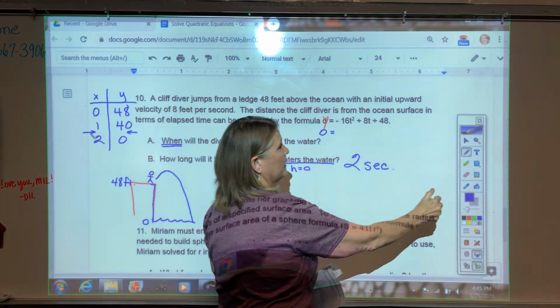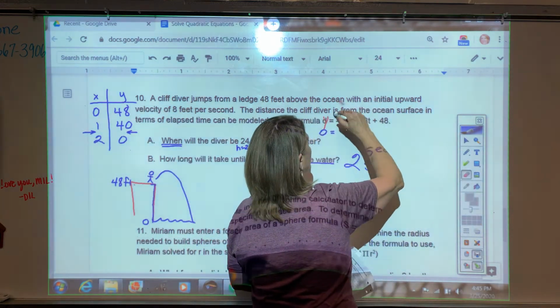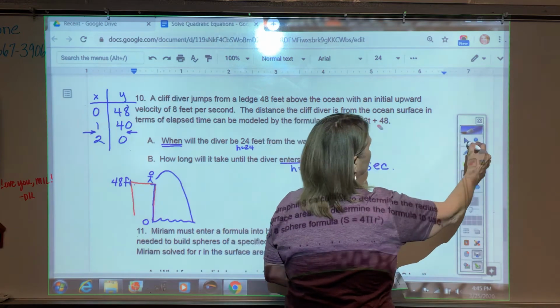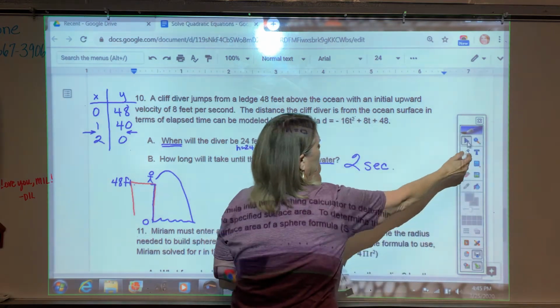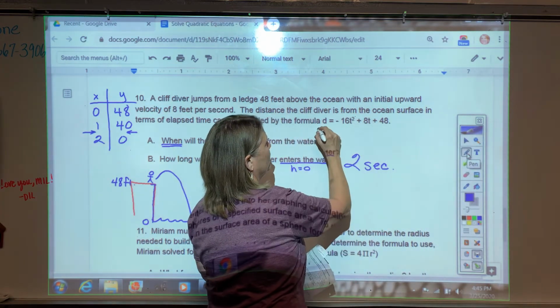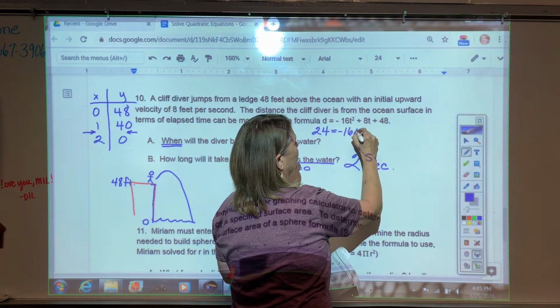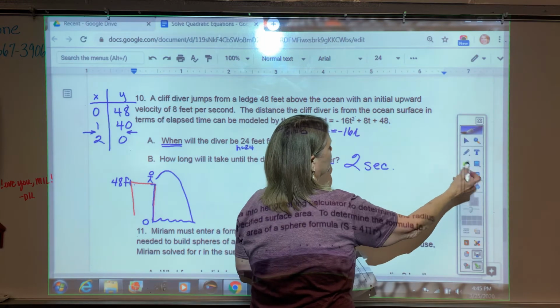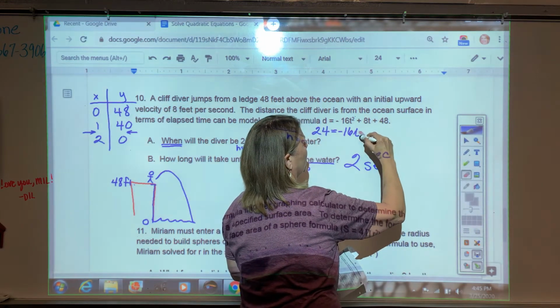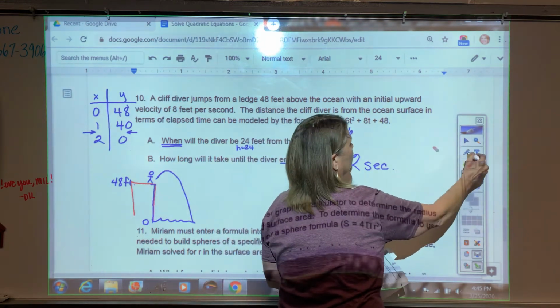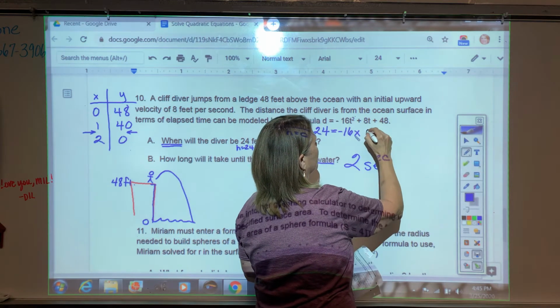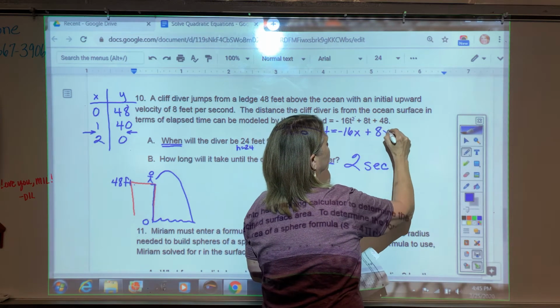So rather than replace this with 0, I'd rather replace it with 24. So I'm just going to jot that down here. This is the equation I need to solve: 24 is equal to negative 16 t squared. And since we're using x, and that's what we're more familiar with, you're welcome to do that. So x squared plus 8x plus 48.